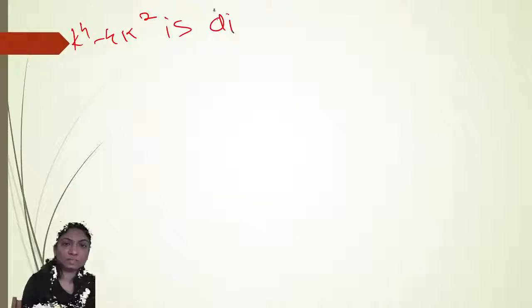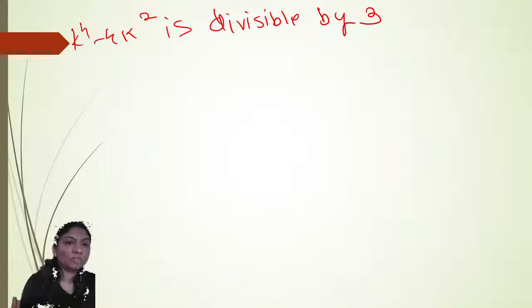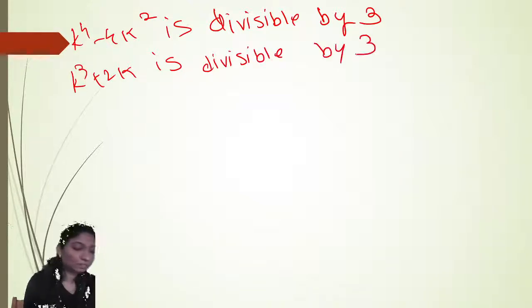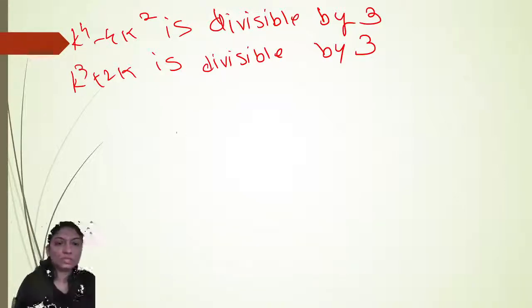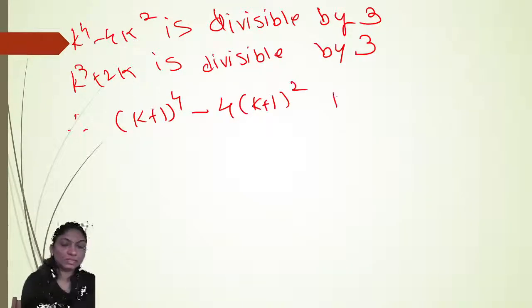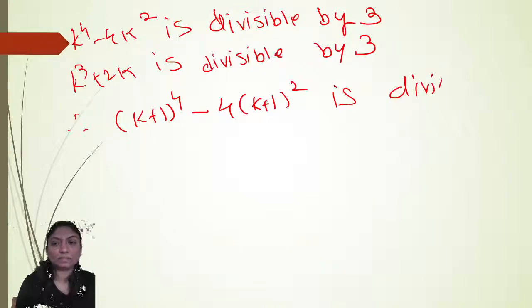So k raised to 4 minus 4k square is divisible by 3, and k cube plus 2k is divisible by 3 again. So the sum is also divisible by 3. Therefore, (k plus 1) raised to 4 minus 4 into (k plus 1) square is divisible by 3.